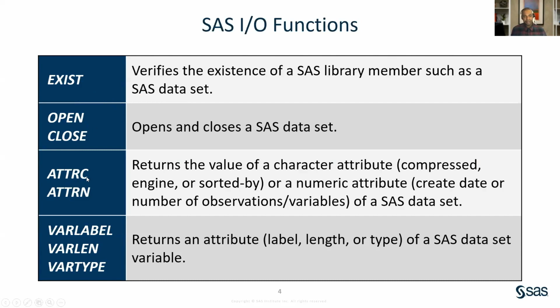There's ATTRC, attribute C, versus ATTRN, where you can get character-based information or numeric-based information after you have opened the data set, using %sysfunc to activate that function against the open data set to get that relative information. There are also functions pertaining to the variable where you can get the label, the length, and the type.